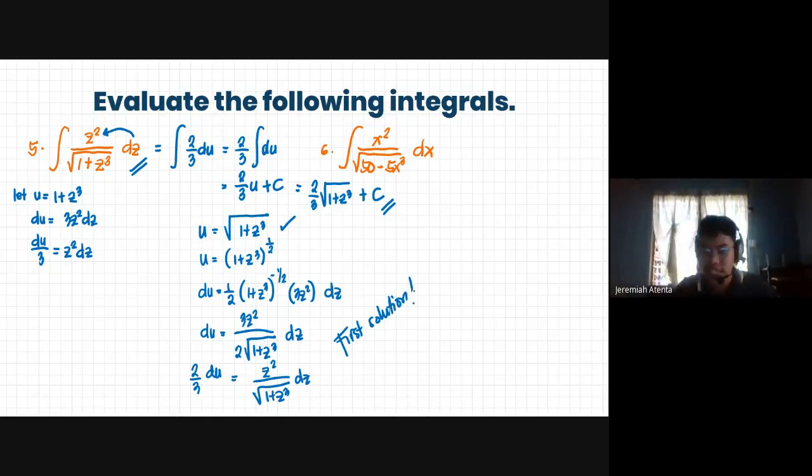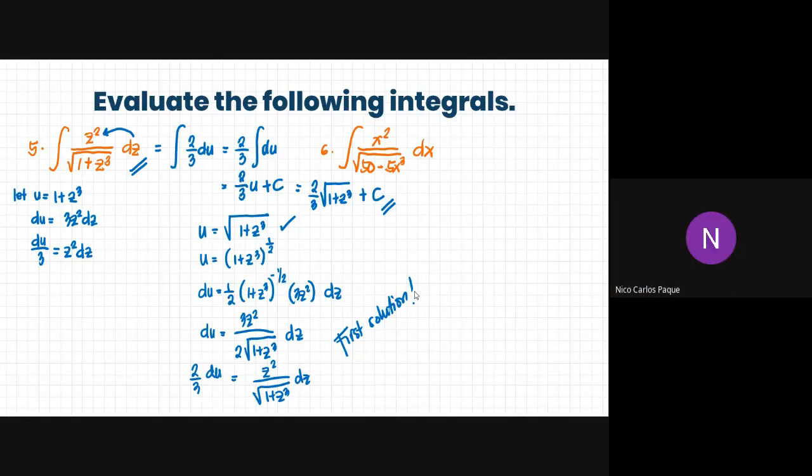O sige, sige. Nico, you can unmute your mic para mas dali. Nawala lagi ang 1/2. Sir, ang kanang du, nawala lagi 1/2. Kanang du equals 1/2.